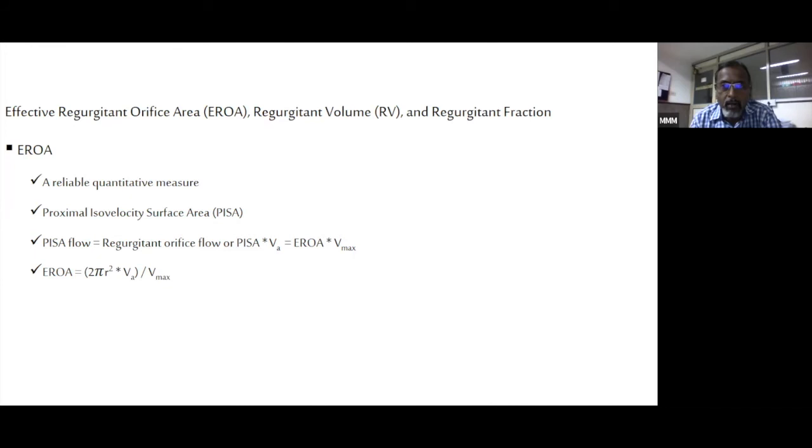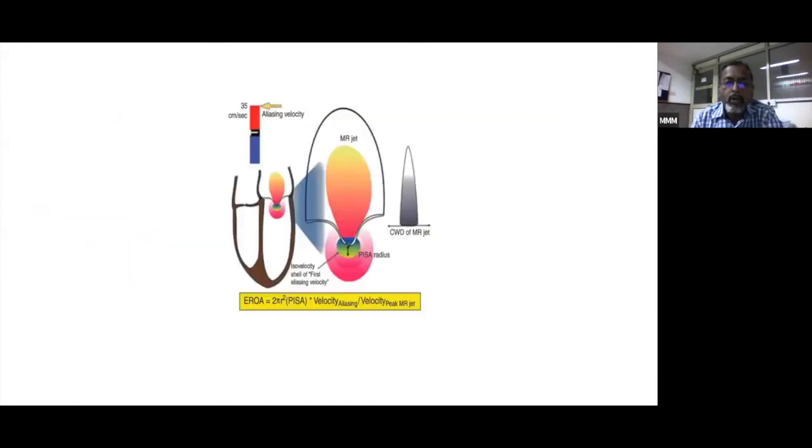That means when there is flow convergence across the valve, you have a lot of isovelocity hemispheres, and then it widens. When you look at the EROA, the formula is 2 pi r squared times aliasing velocity divided by maximum velocity.